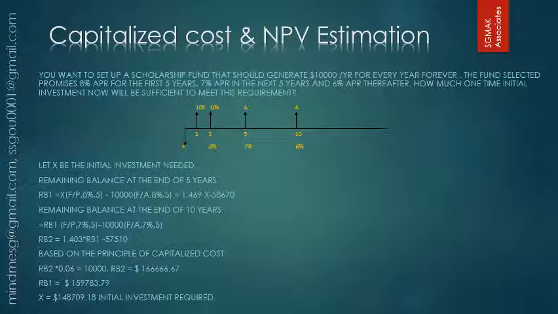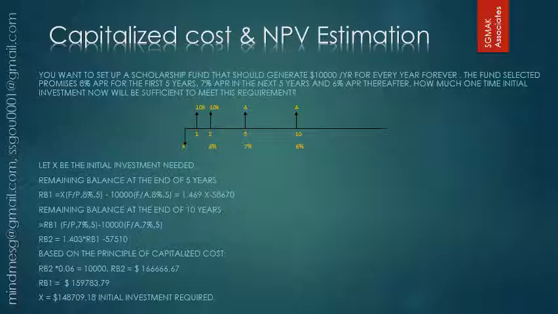So first we find out the remaining balance from the fund after 5 years, having made the first 5 payments, earning at a rate of 8%. We designate that as RB1, and the remaining balance is given by the future value of the initial investment, X times F over P, 8% 5, minus what you have taken out from that fund, $10,000 multiplied by F over A, 8% 5.